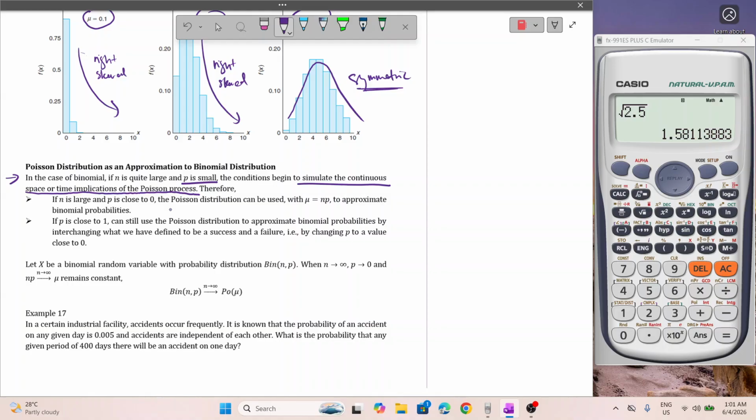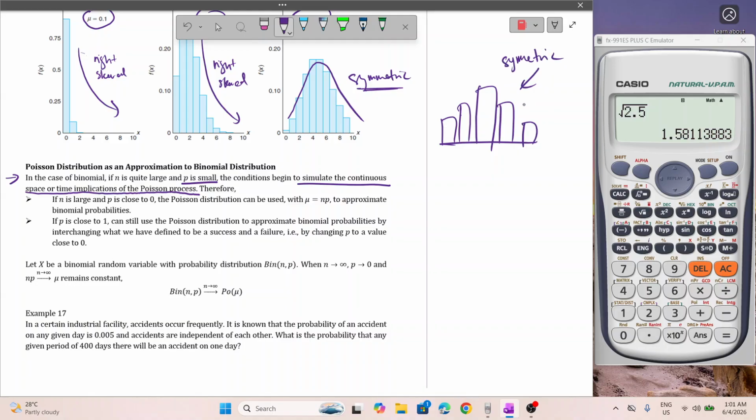We can use Poisson distribution to approximate the binomial distribution, especially when the distribution is symmetric for both cases.